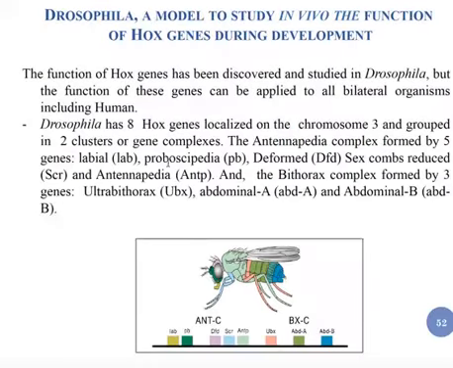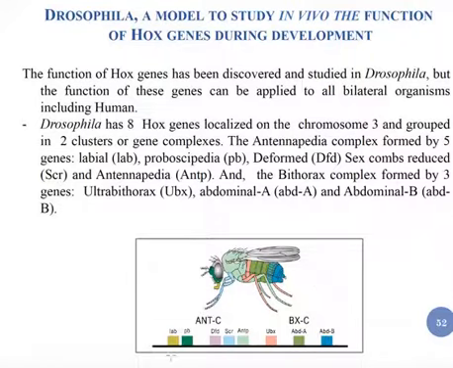In Antennapedia C we have many genes, 1, 2, 3, 4, 5 genes, while in Bithorax C we have 3: UBX, abdominal A and abdominal B, involved in the most posterior segments.